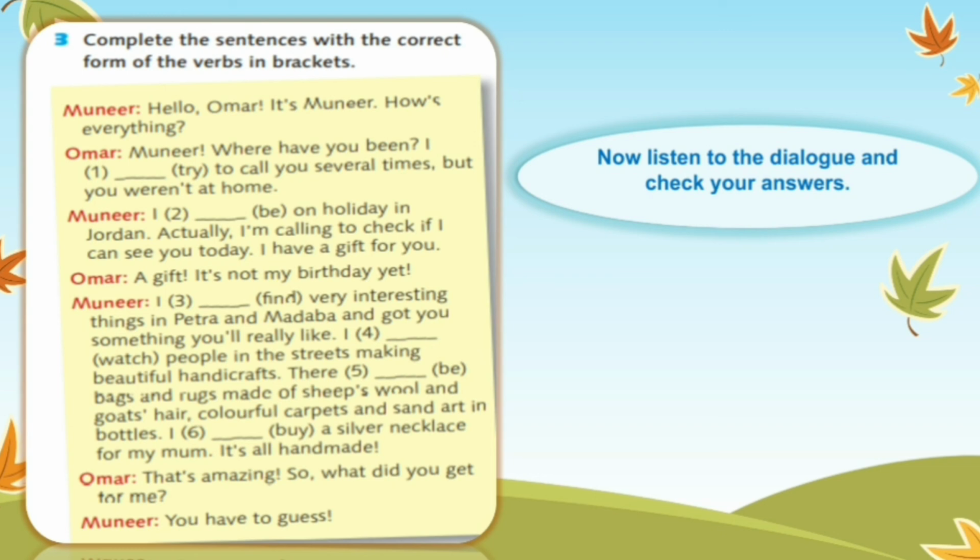Module 1, page 9, exercise 4. Hello, Omar. It's Munir. How is everything? Munir, where have you been? I tried to call you several times, but you weren't at home. I was on holiday in Jordan. Actually, I'm calling to check if I can see you today. I have a gift for you. A gift? It's not my birthday yet.